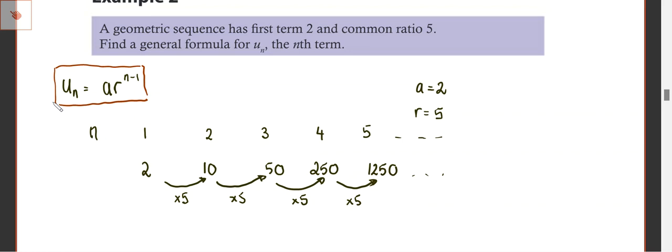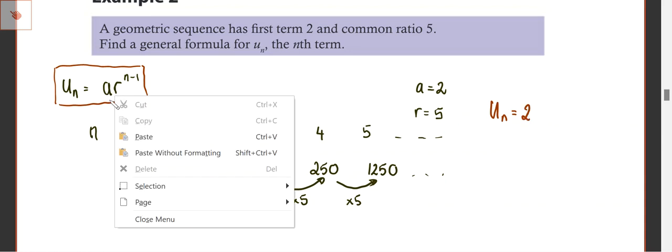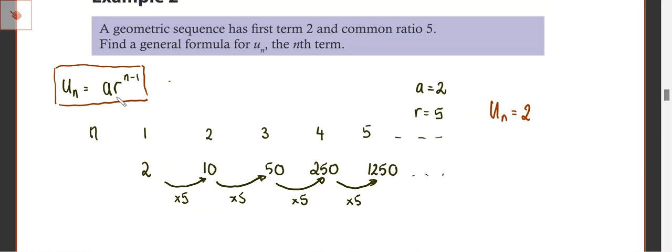Okay. So what's the formula? U n equals 2. When there's nothing between, that means it's times 5 to the power of.